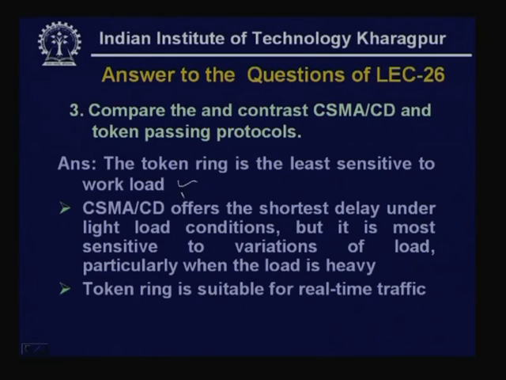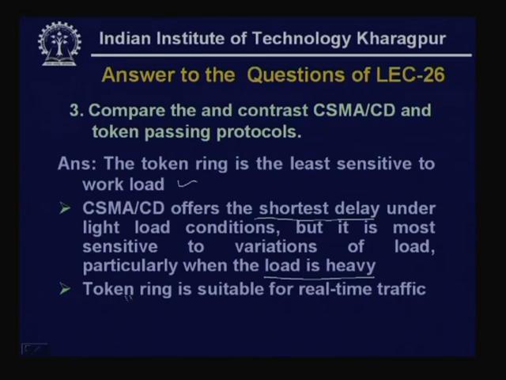As the load increases, the throughput does not decrease. On the other hand, CSMA/CD offers the shortest delay under light load conditions, but it is most sensitive to variations of load. That means, when the load increases in CSMA/CD, the delay increases significantly, particularly when the load is heavy.